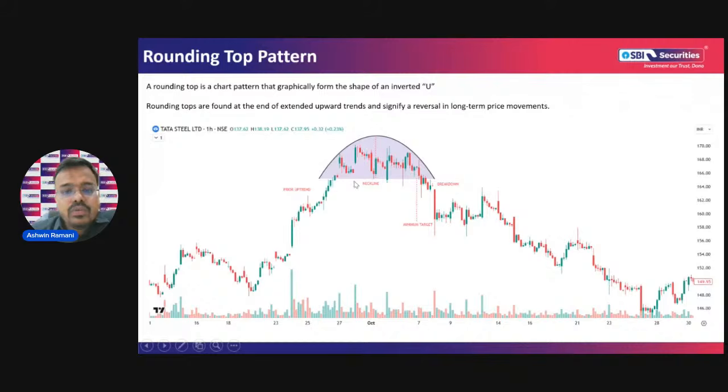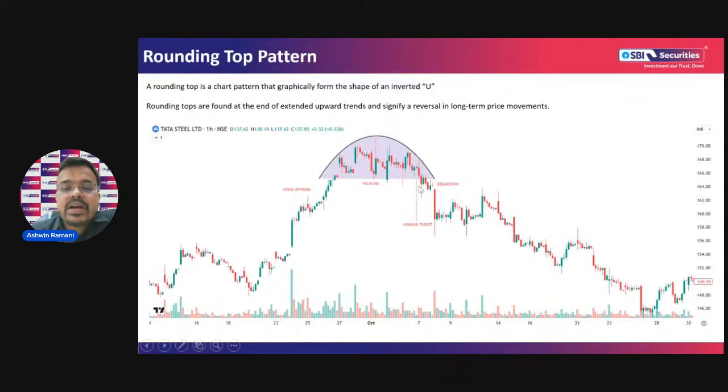And this is your neckline. The moment you get a breakdown below this neckline, that is where you will sell. Just above this neckline is where you would keep your SL, and you take the distance from this neckline until the tip of your rounding top. You measure that distance and you project it down from the neckline, and you will get the minimum target based on the rounding top pattern.